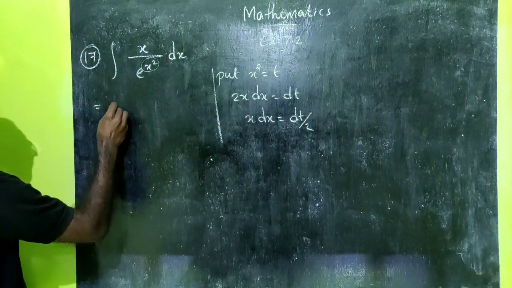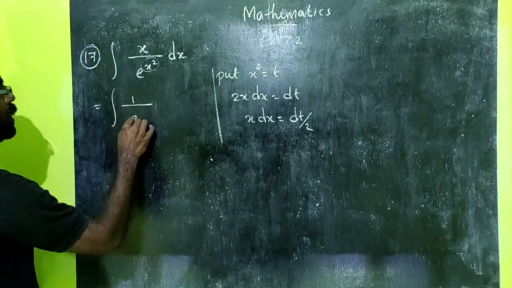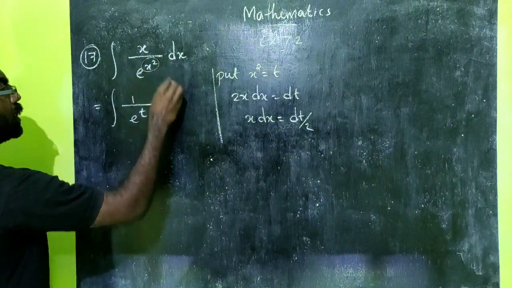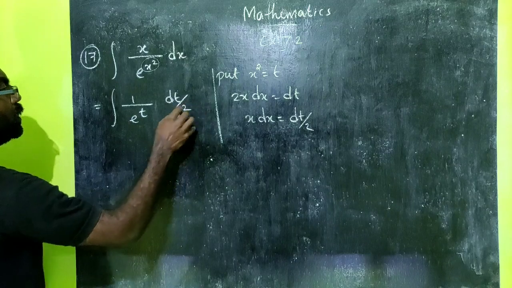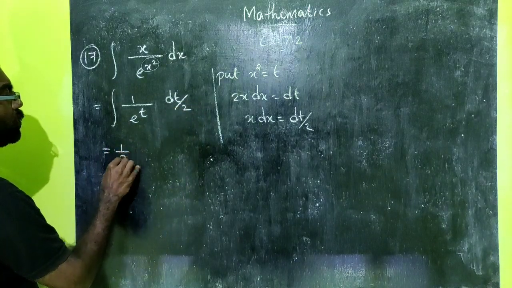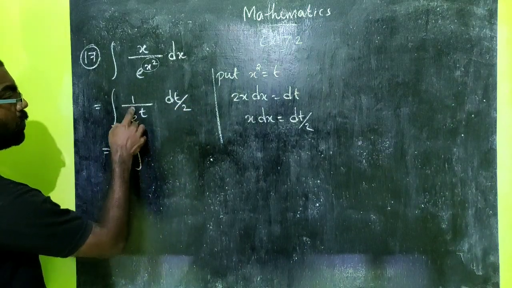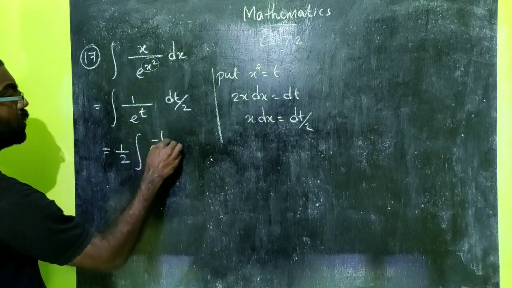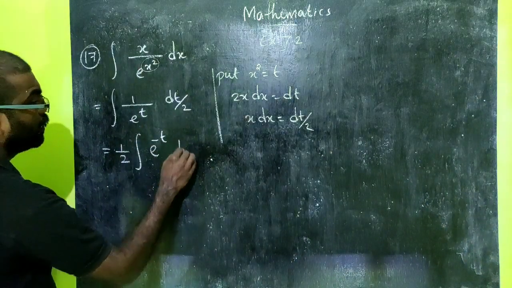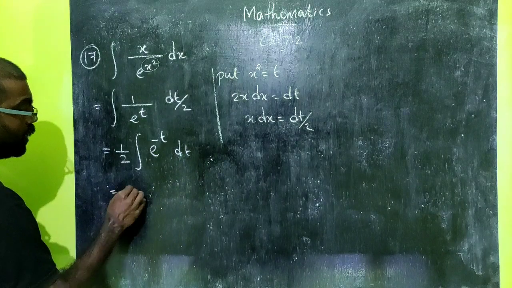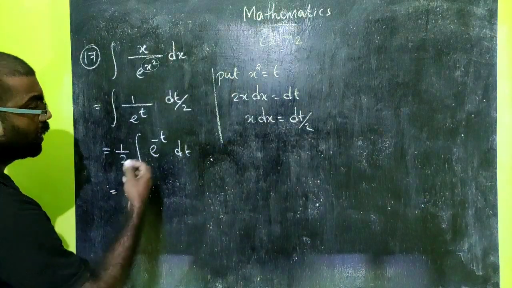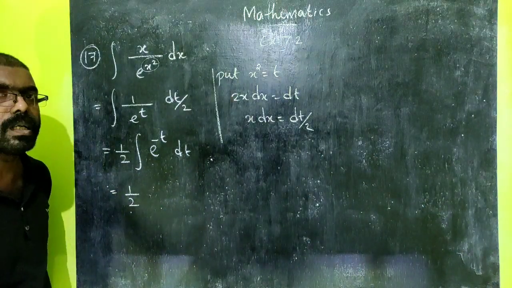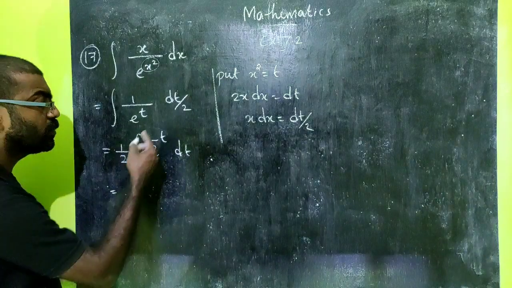It is equal to integral 1 by e raised to t, x dx is dt by 2. This 1 by 2 we can take it out. So 1 by 2 into integral, and 1 by e raised to t can be written as e raised to minus t, dt. That is 1 by 2 into the integral of e raised to x, which is e raised to x itself. So here e raised to minus t.